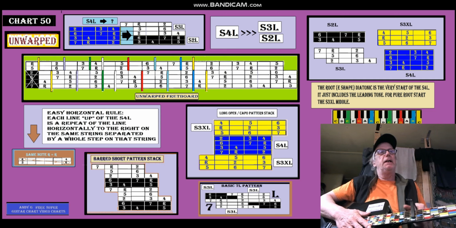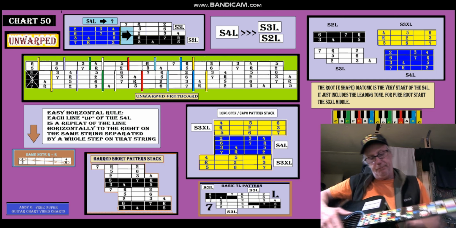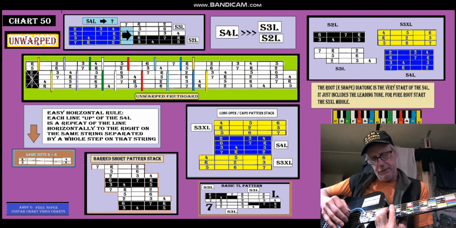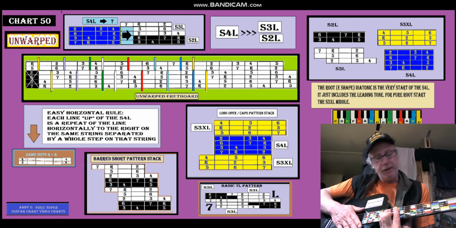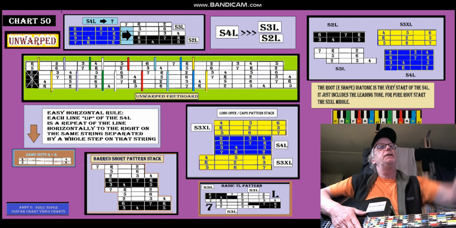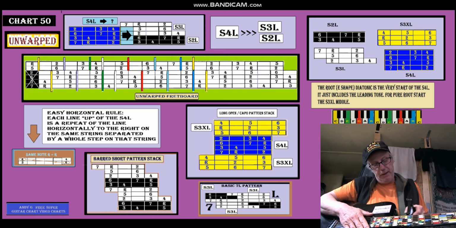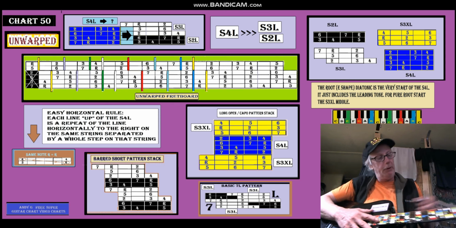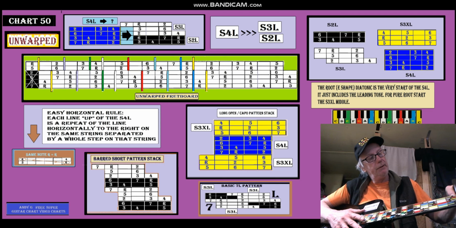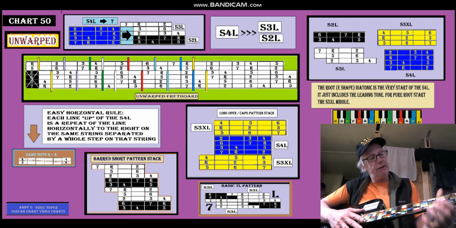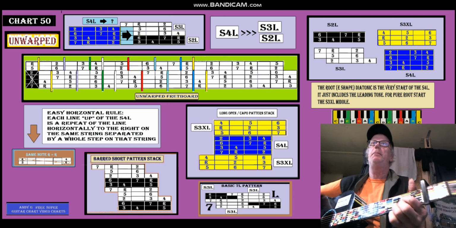Then I can do the E-shaped C, and finally at the end there's the D-shaped C, which I can't even get a capo on, but I can do it down here. That's all it really amounts to.